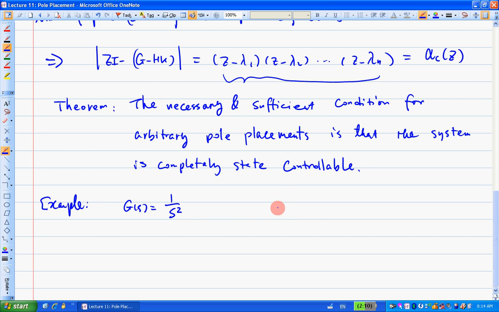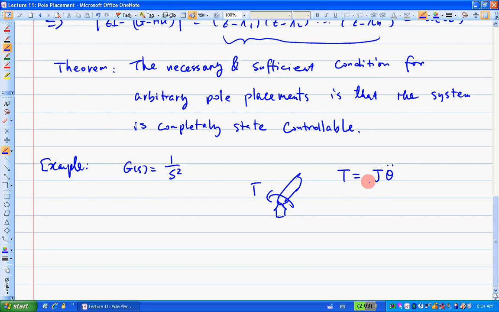For example, if you have a rod subjected to a rotation with a certain torque applied to it, that torque equals J theta double dot, where J is the moment of inertia multiplied by theta double dot. I suppose it's a pretty short rod here. If you take the Laplace transform of both sides, the input is torque and the output is theta.